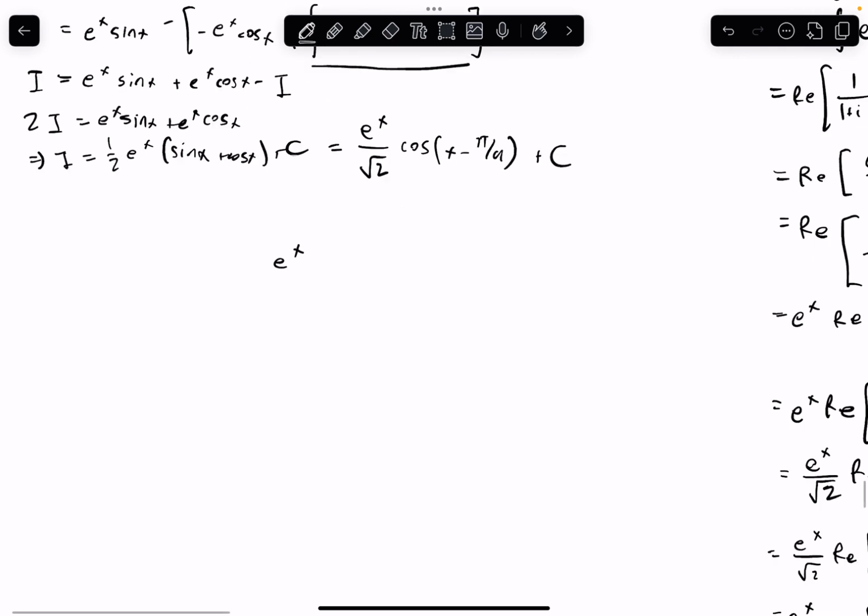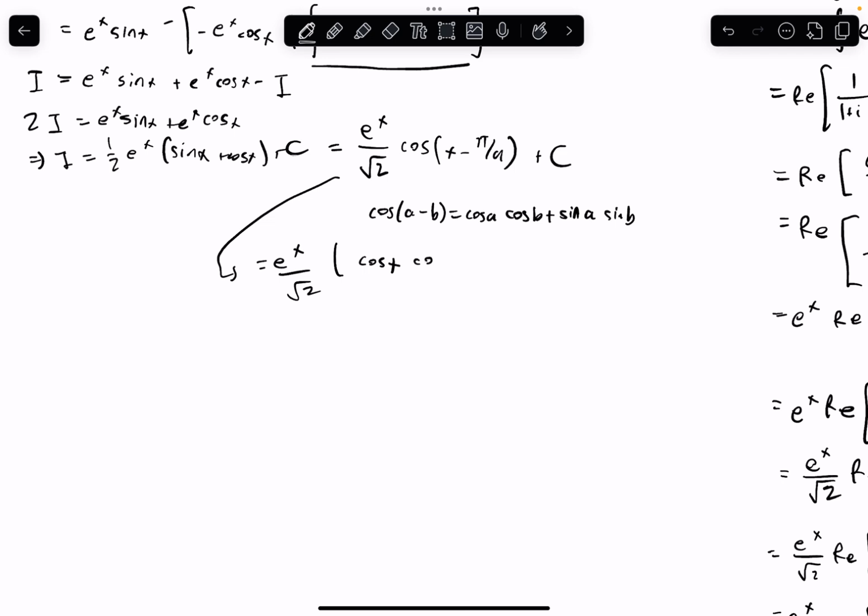We get e to the x over root 2 times cosine a cosine b plus sine a sine b, since we're doing a minus b. This should give us cosine x cosine pi over 4 plus sine x sine pi over 4.